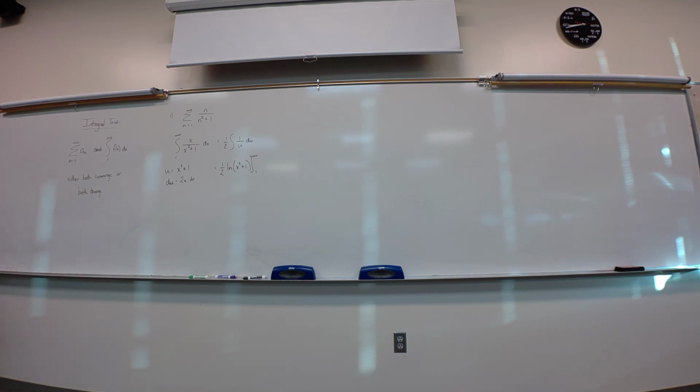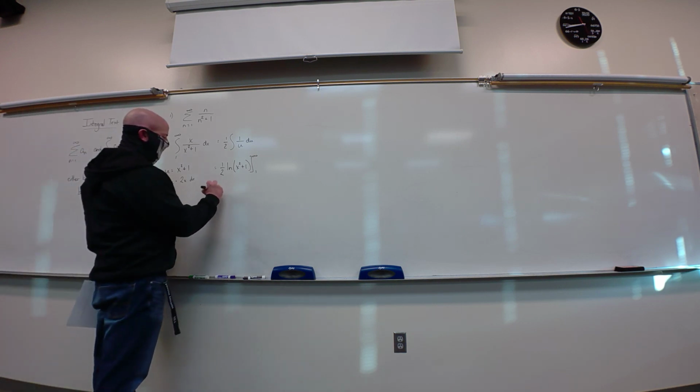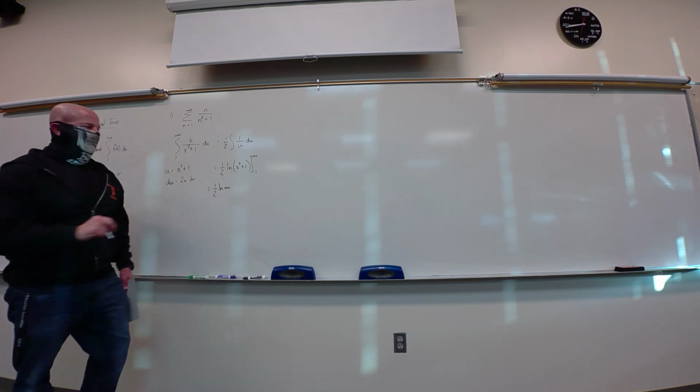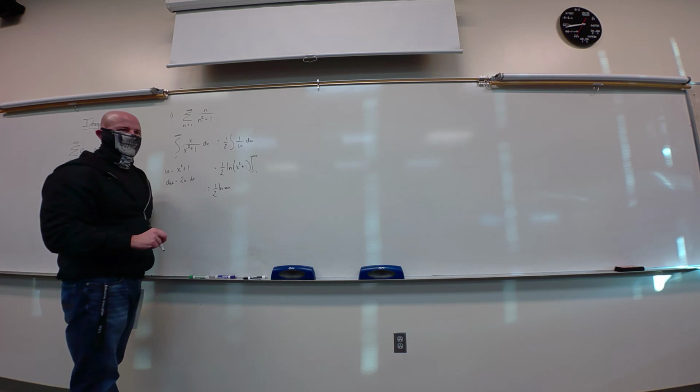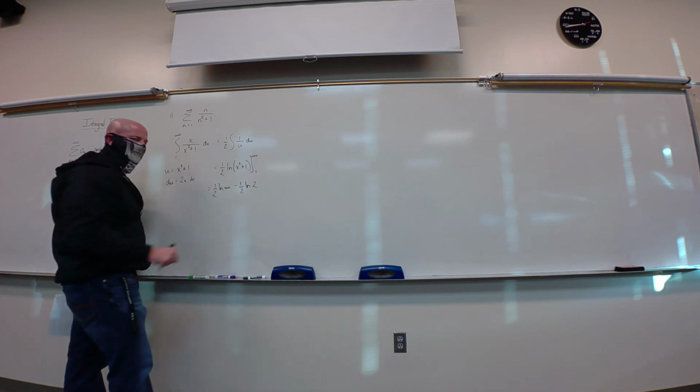So if I get a value here, a finite value, converges. If I don't, diverges. That's what I'm looking at. So as n goes to infinity, we're going to have 1/2 ln of infinity, and really the half's not even going to matter. Okay? And infinity squared plus 1 is just infinity. Minus 1/2 ln of 2. Now that's a finite value.